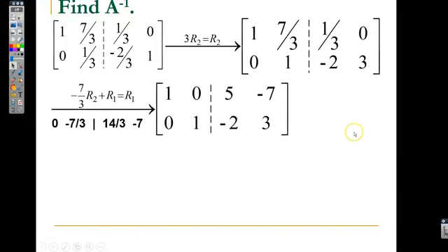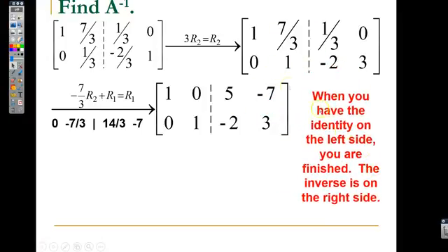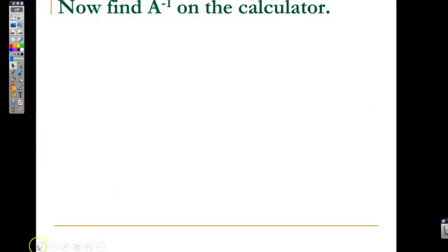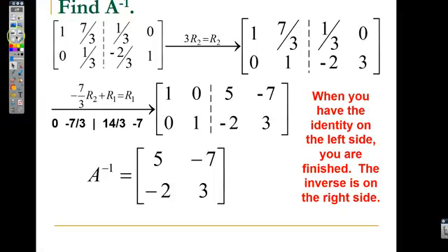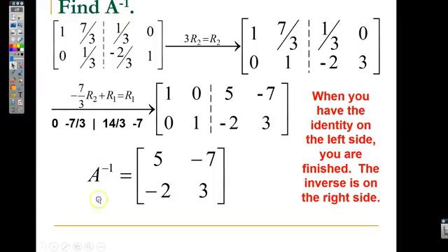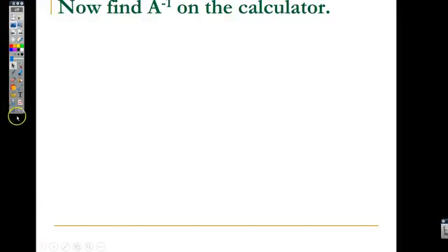So, same thing that we did. Okay, so when you have the identity on the left side, you're finished. The inverse is on the right side. So this is A inverse. Notice how it is written. It's got an A to the negative 1.